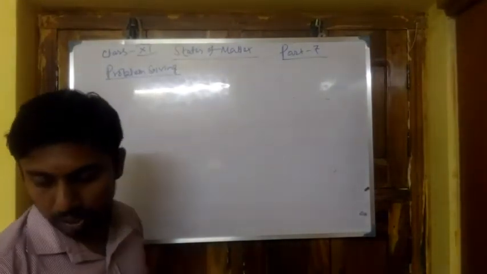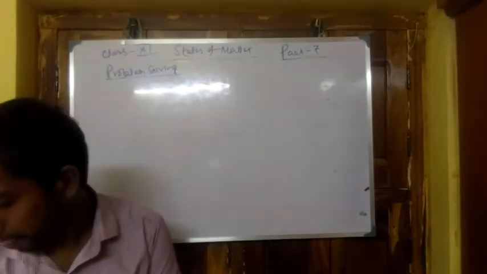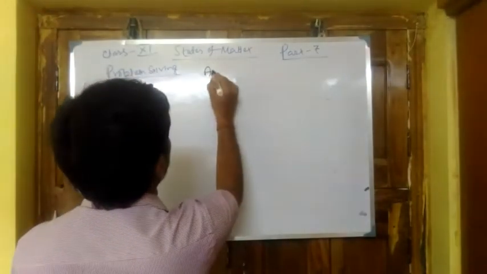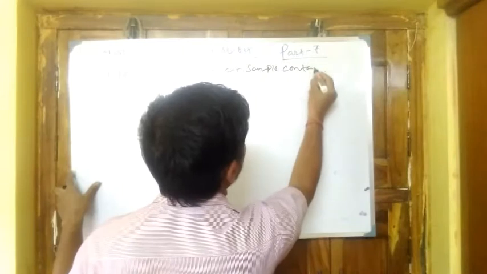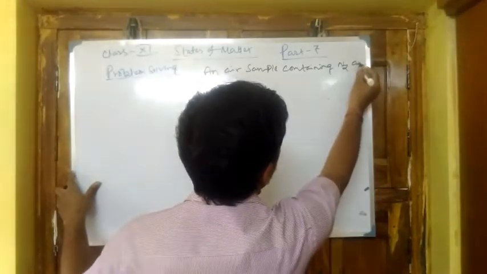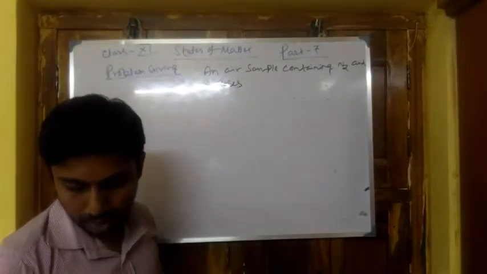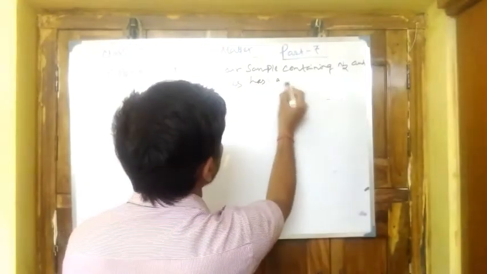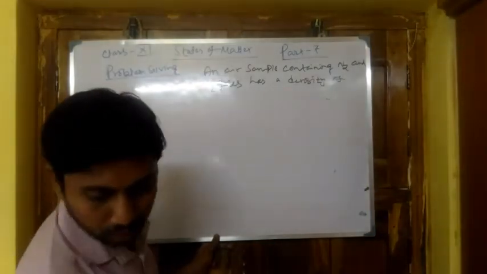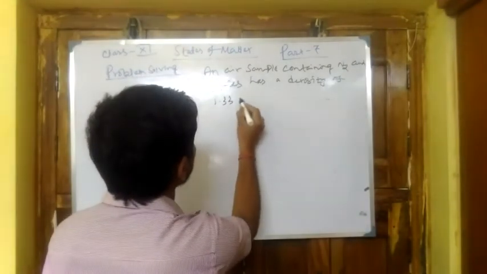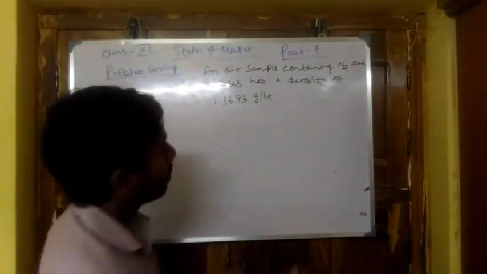An air sample containing only nitrogen and oxygen gases has a density of 1.3393 gram per liter at STP.